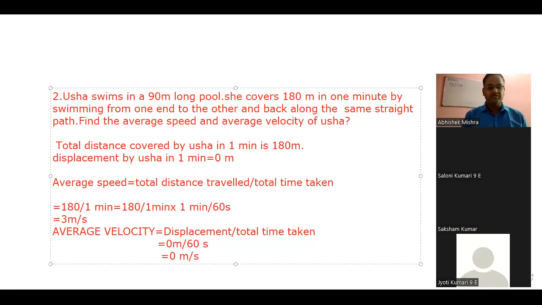So students, this is the average velocity and the average speed of the two. The average speed is 3 meter per second and the average velocity counts to 0 meter per second. Is it clear to all the students?